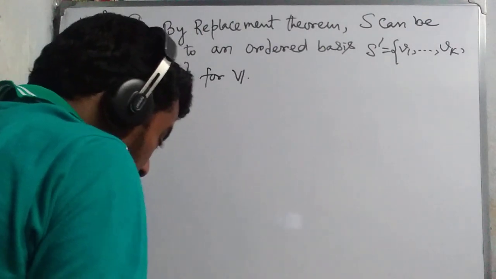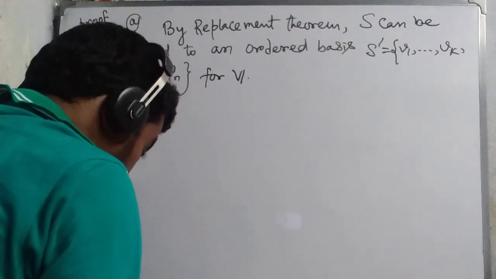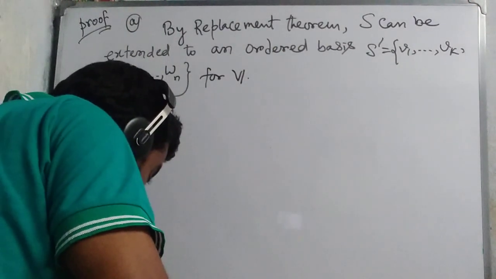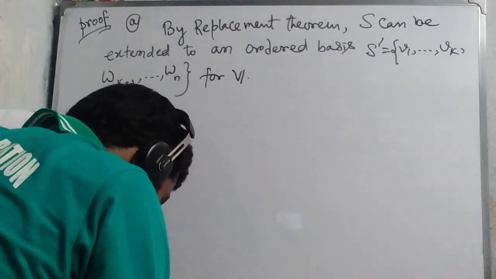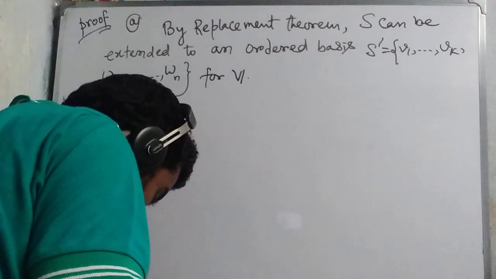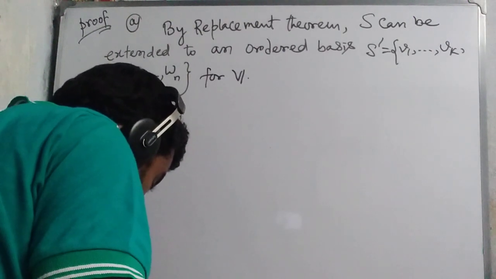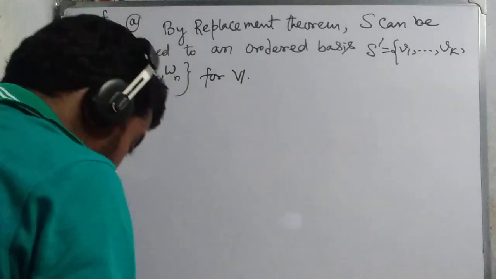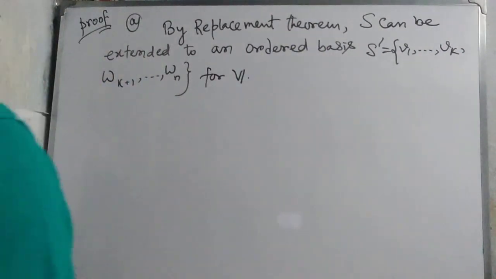That means in the replacement theorem we use this: v1, v2, ..., vk are a basis for V, and w1, w2, ..., wk are a basis for W perp.